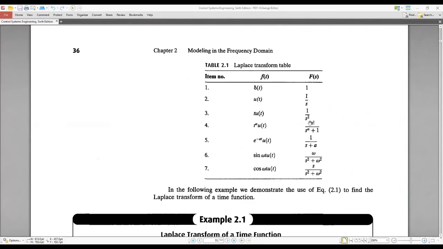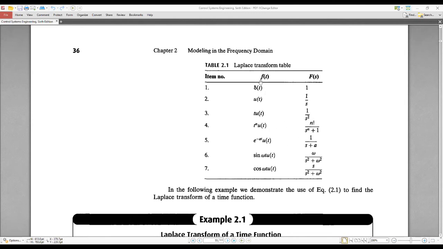Now see another table, the Laplace transform table. Delta t is equal to 1, u(t) is equal to 1 by s, t u(t) is 1 by s squared.